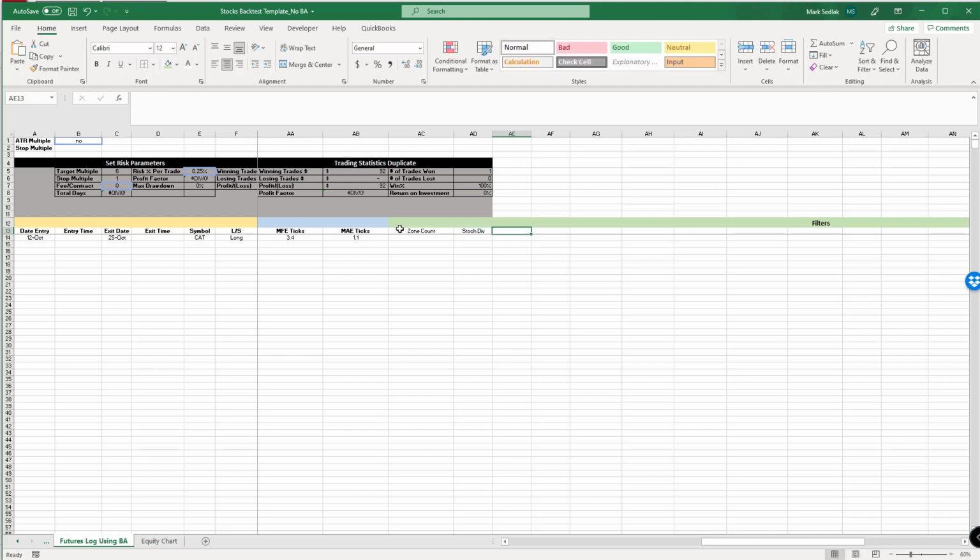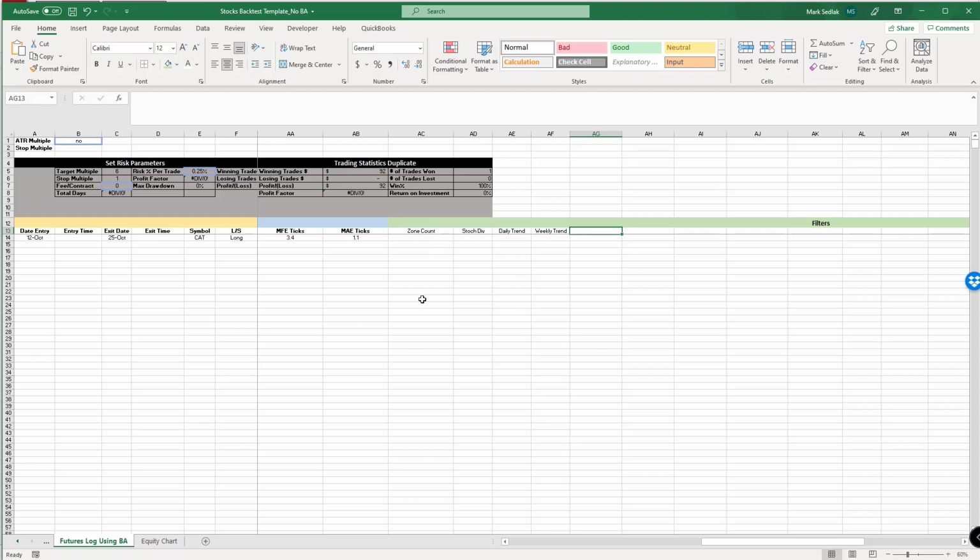Okay, so I would type in stochastic divergence. Maybe I want to understand, so we're going to be testing a daily chart, so daily trend, weekly trend. So that gets us started. There's a ton of different things that we can put on here, but this gets us started.